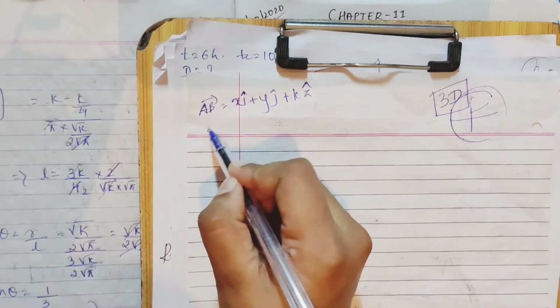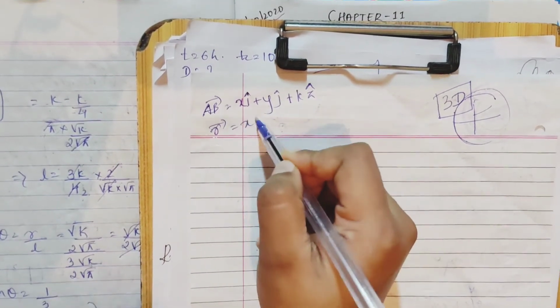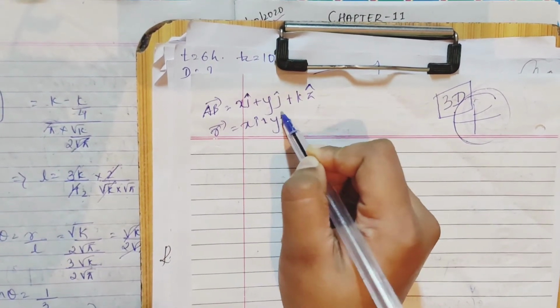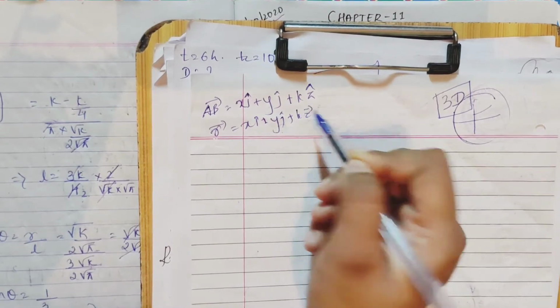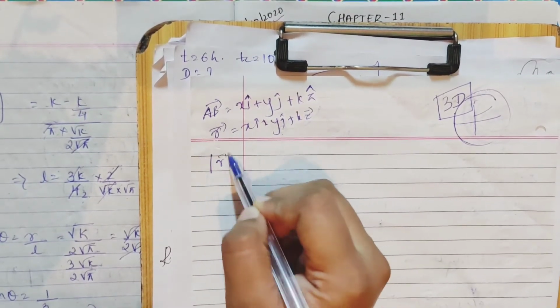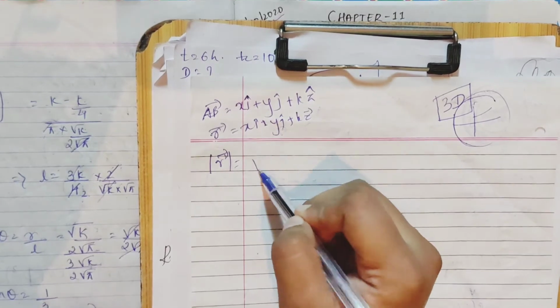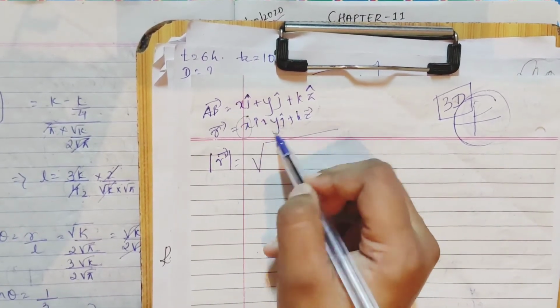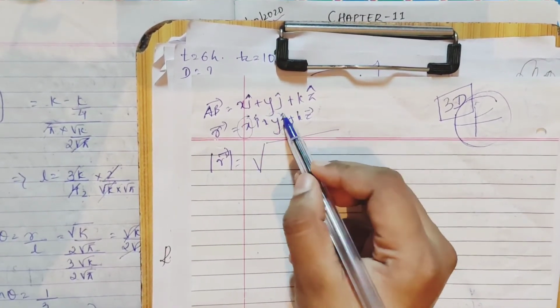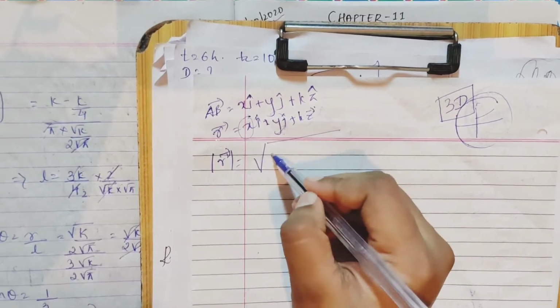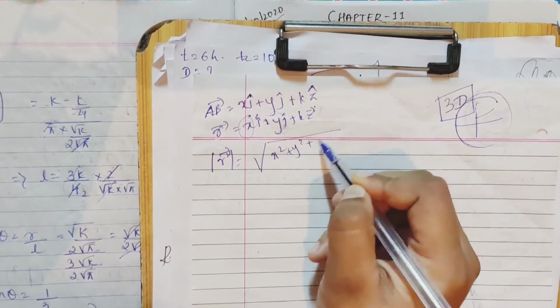This is given as the r vector, which is x i cap plus y j cap plus z k cap. So if you have to find the modulus of this vector, how are you going to do it? Squaring the components with your i cap, j cap and k cap, that is x squared plus y squared plus z squared.